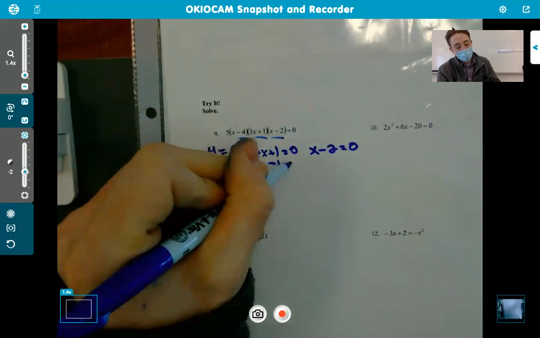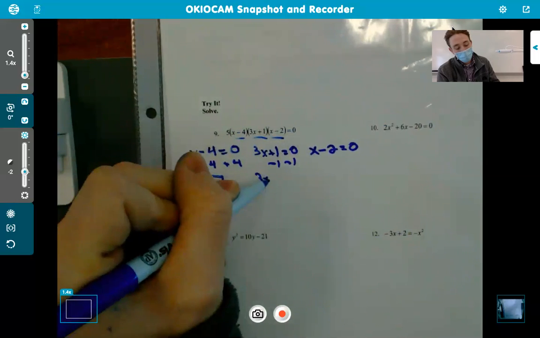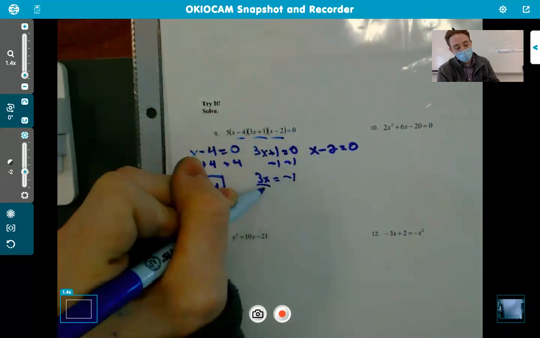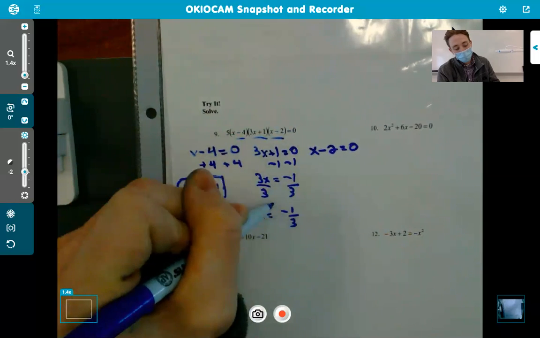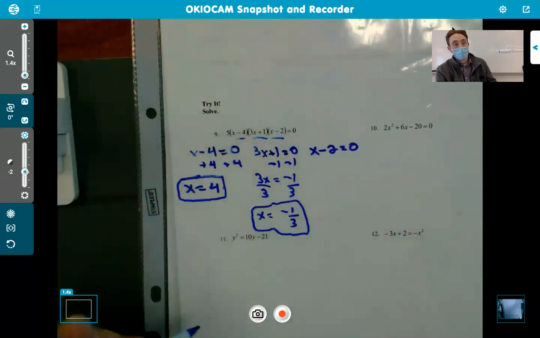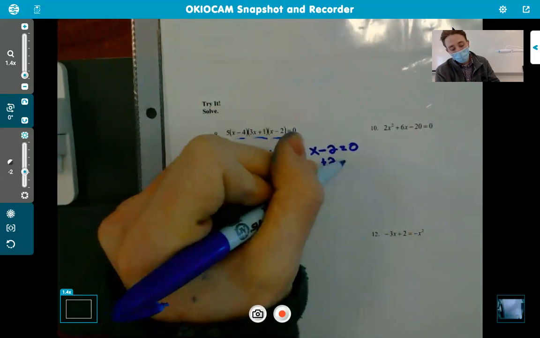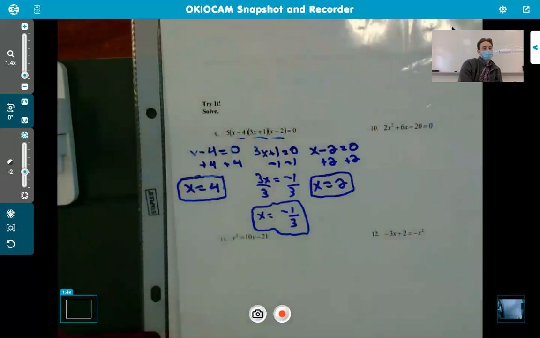In this factor here, I have a 2-step equation, so I have 3x equals negative 1 after subtracting on both sides. I get x equals negative 1/3. And in this last one, I'm going to add 2 to both sides. I get x equals 2. So hopefully we remember the steps here for solving, and then that very last step.